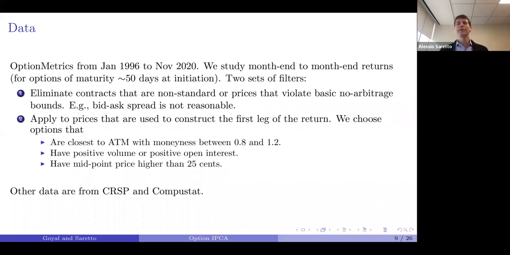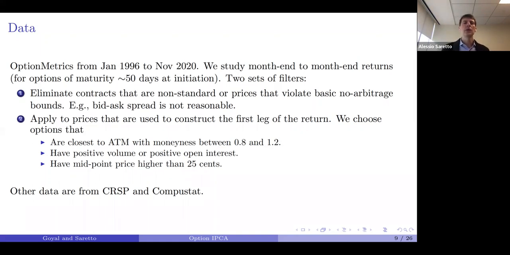In our original paper, we were doing returns expiration to expiration, which I still think is the right way to do it, but most people do month end to month end. So we're going to do month end to month end mostly, although we have some robustness checks that do expiration to expiration. The contracts are all relatively short term.